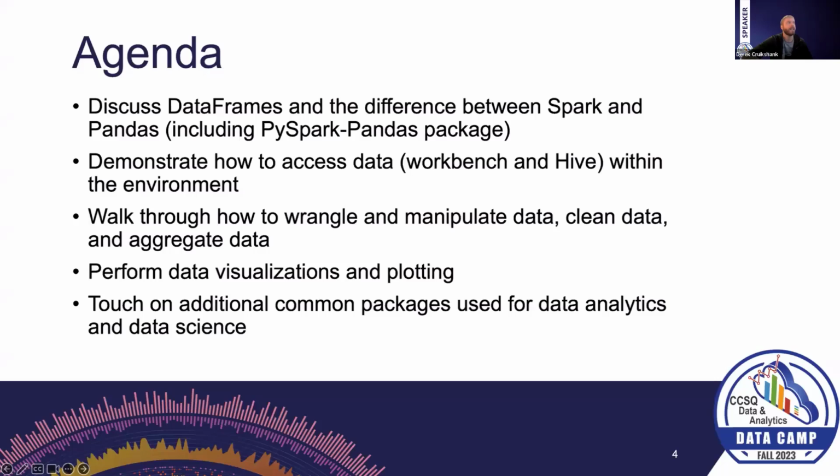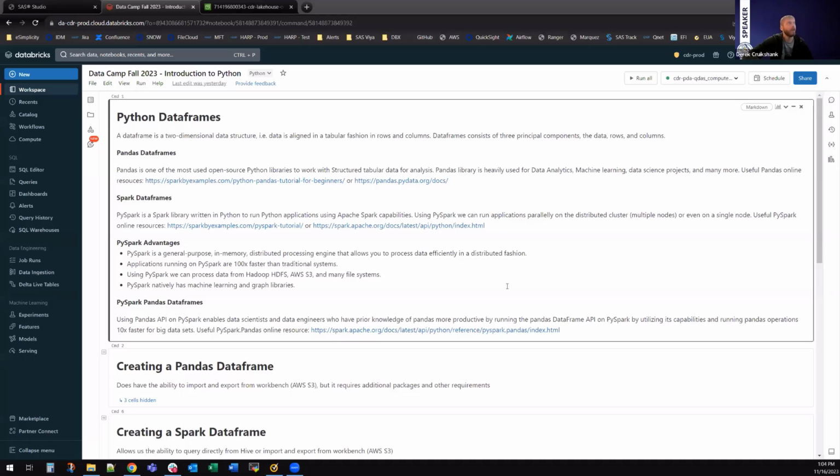So with that, I think I can share my screen. All right. And one thing to note is that all of these workbooks will be shared within the CCSQ community to all of the users. That includes Kyle's R notebook.